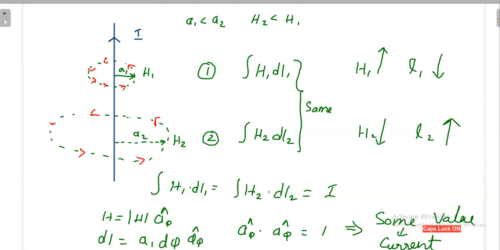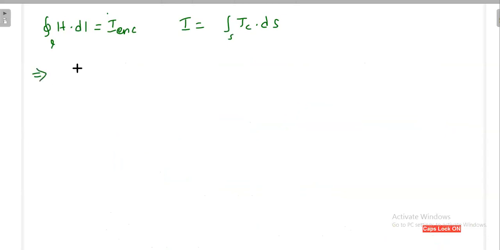According to Ampere's law, the closed line integral H dot dl is equal to I enclosed, and I is equal to the surface integral of Jc ds. So both are the same: the integral H dot dl is equal to the integral Jc ds.